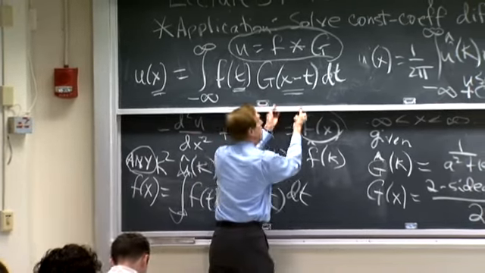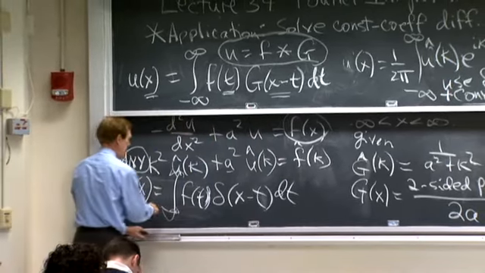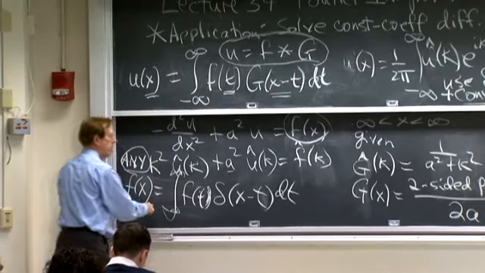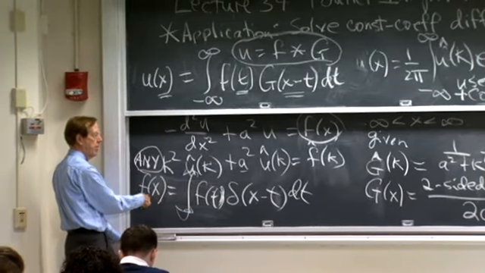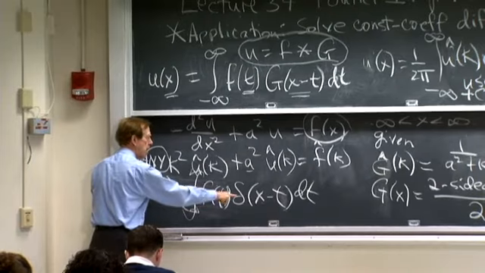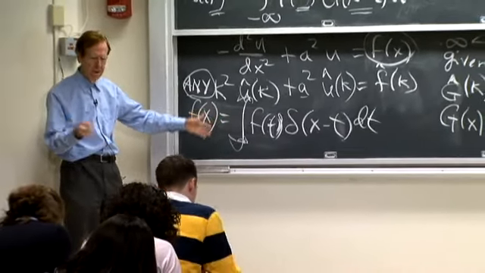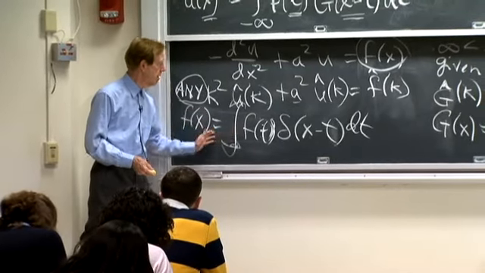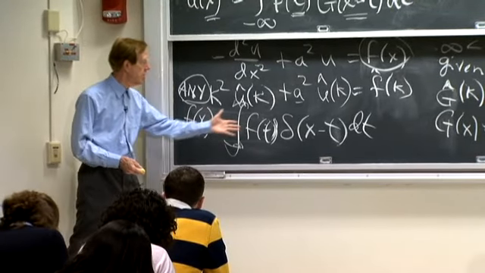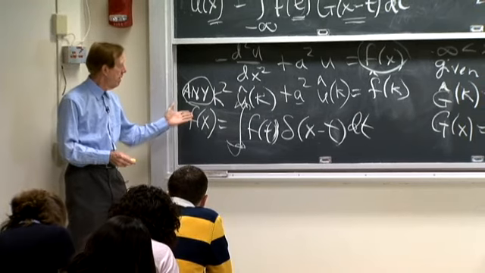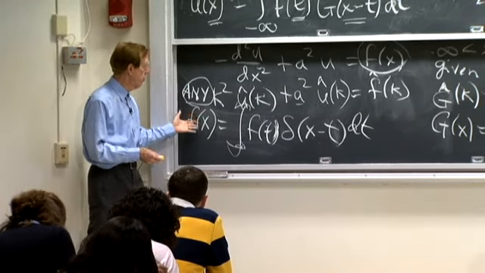I'll allow myself one more thing. Here we had a convolution for the right-hand side. We started with this. This is a convolution. Now, what are the 3 symbols that I write down as shorthand for this equation? This was to be true for any f.